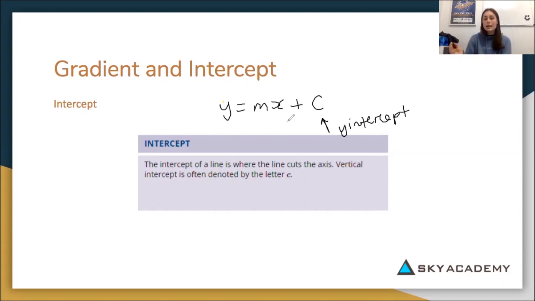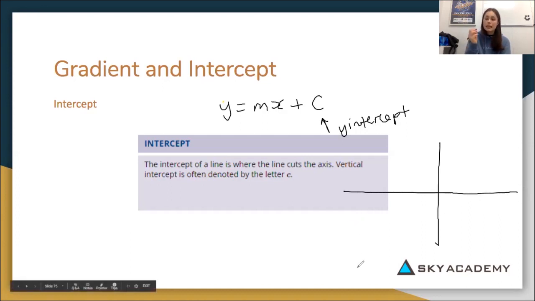So the y-intercept is where the line cuts the y-axis. Where the line cuts the x-axis would be the x-intercept because it's intercepting that x-axis. But as I said, we only focus on the y-axis.